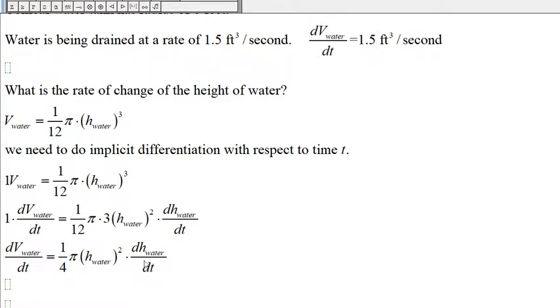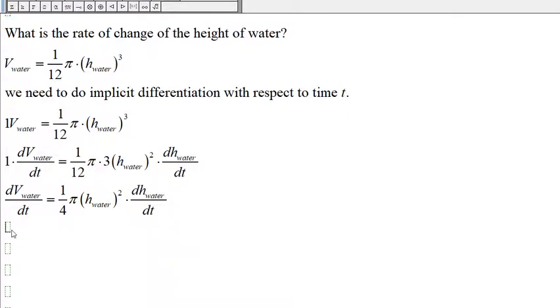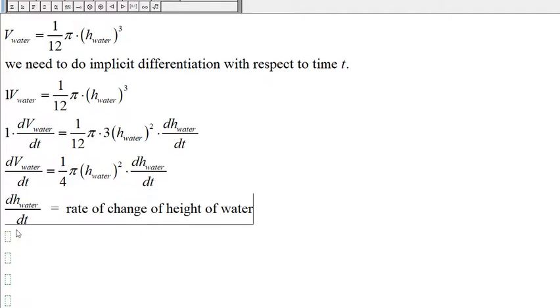And the dh dt here is the rate of change of the height of the water.